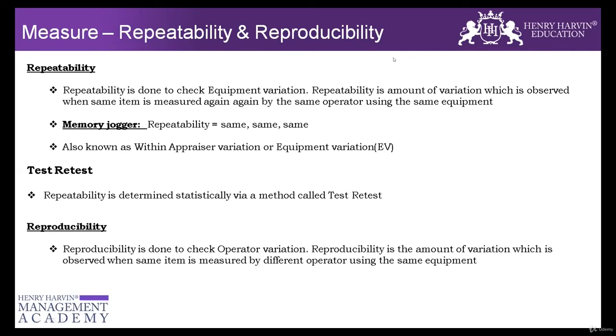Repeatability is when there is only one person measuring the equipment or any piece, and he is doing it again after some time, maybe after 4 hours, 6 hours, 10 hours, 12 hours. There is no other operator involved at all. There is no standard at all.